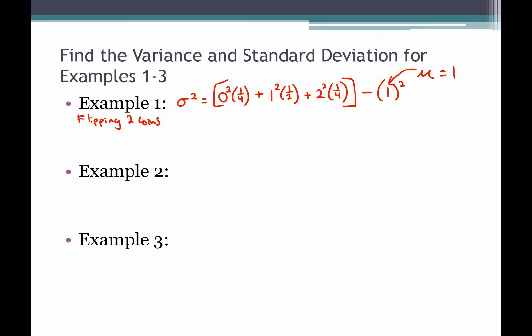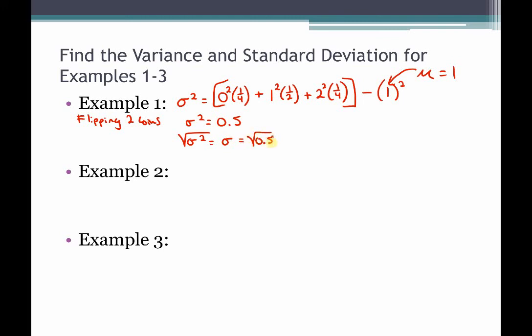I do want to give you guys some time though. Oh, hang on, let's go ahead. Sorry, do the computation piece. It ends up with a half. And then I almost totally forgot standard deviation. Probably because it's so simple. Take the square root. If I take the square root of sigma squared, that just gives me sigma.